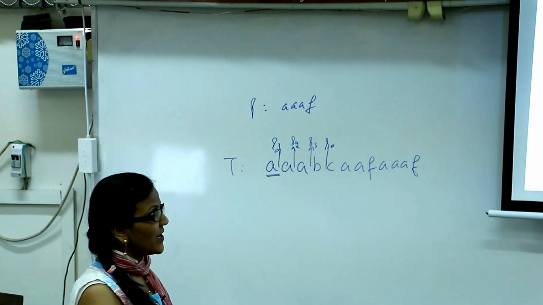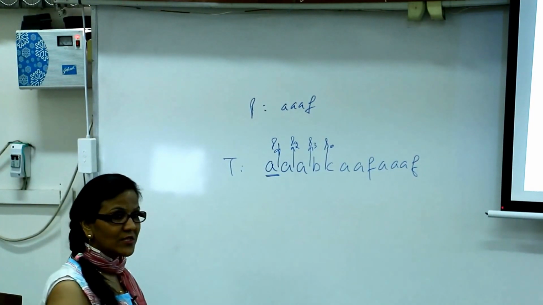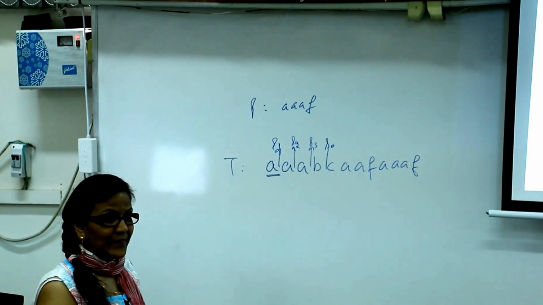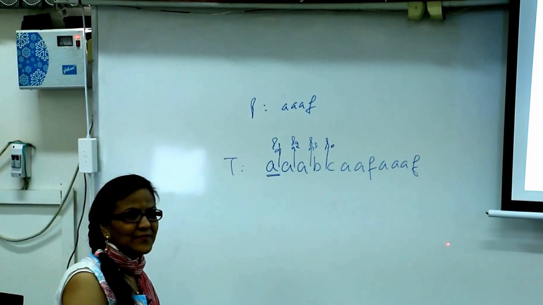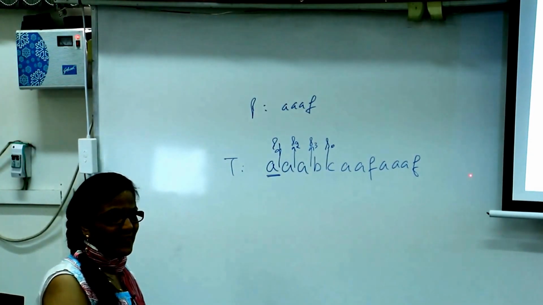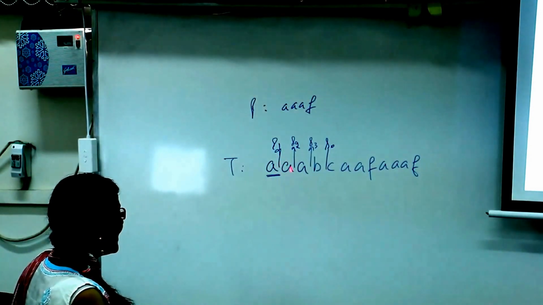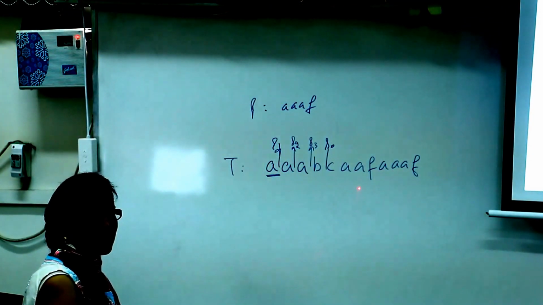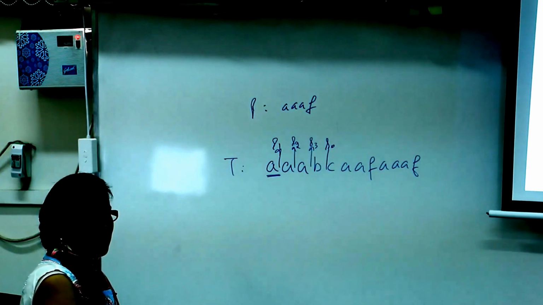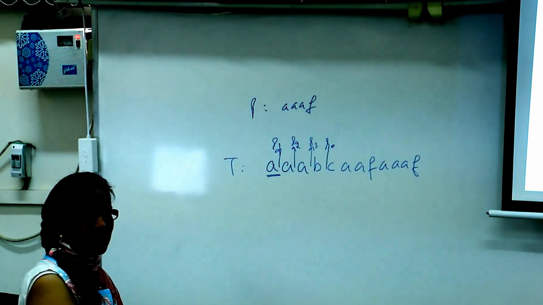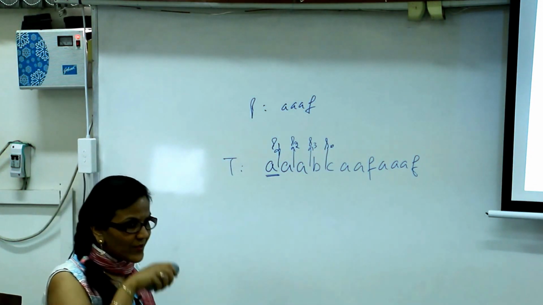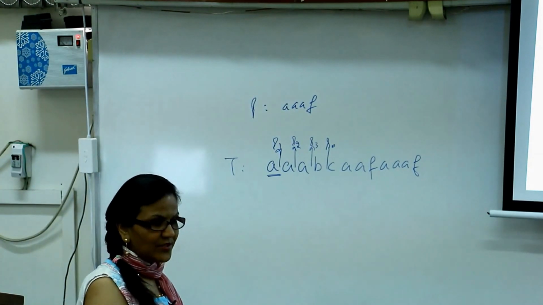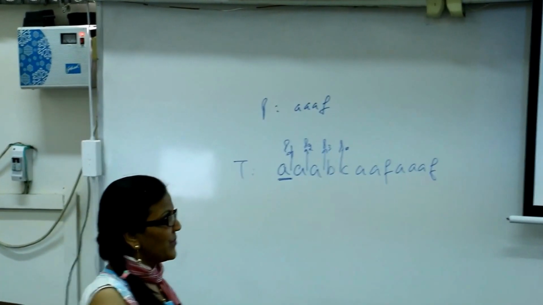I want to use this finite automaton to do my search in order n time. I don't want to go back. I don't want to scan any character more than once. That was an expensive algorithm, a quadratic algorithm.